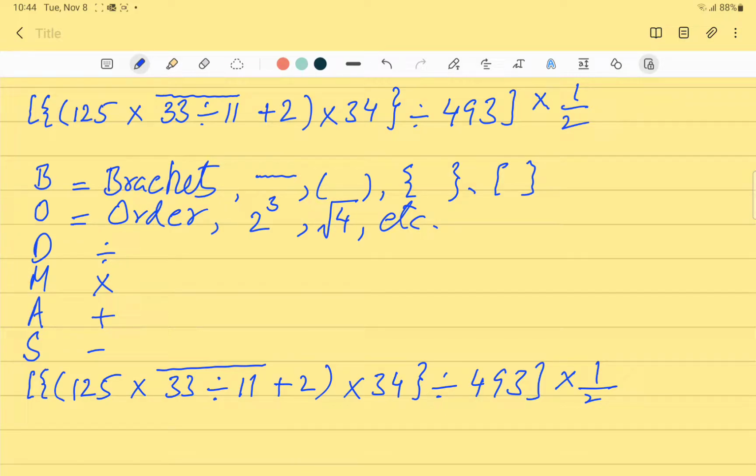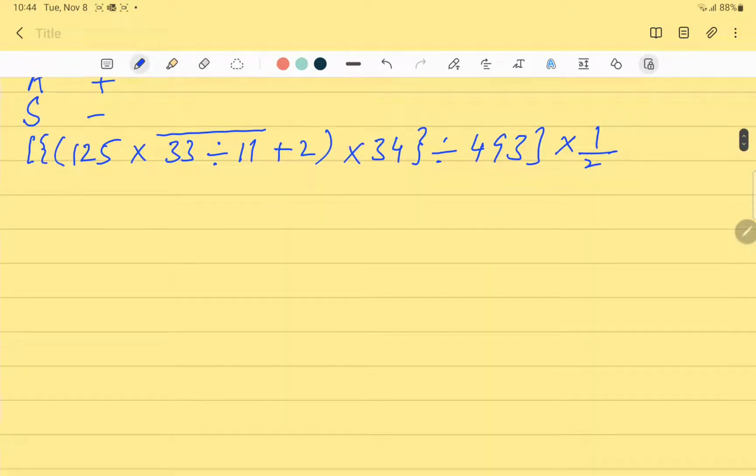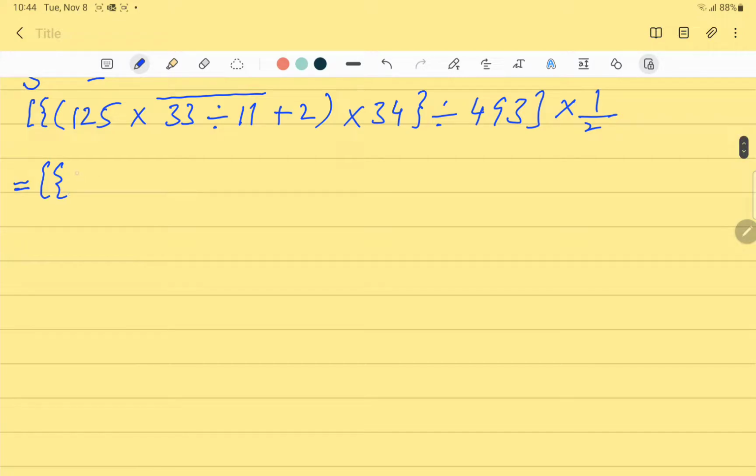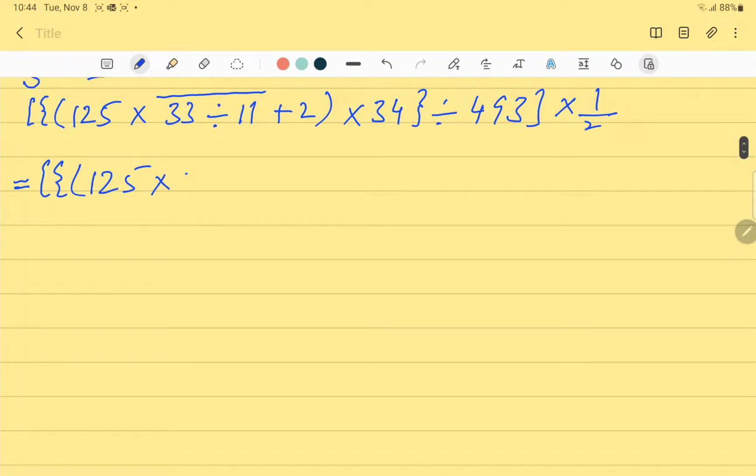So let's go for the smallest, the line bracket first. 33 divided by 11 is equal to 3.